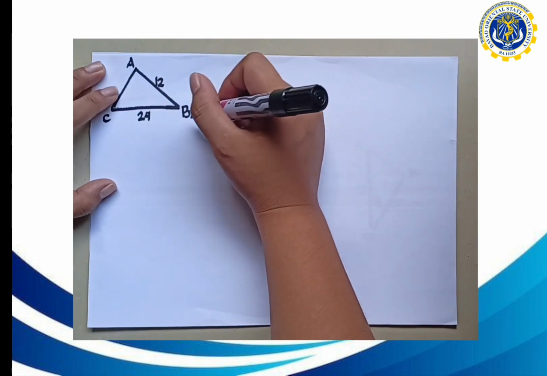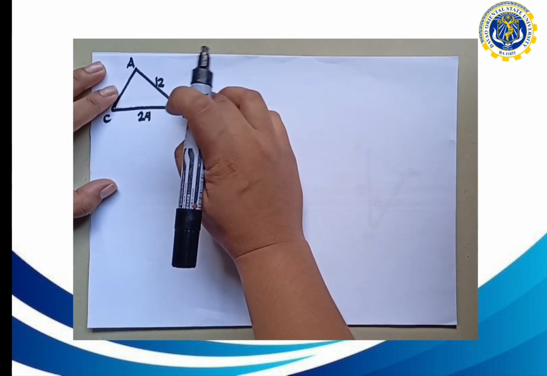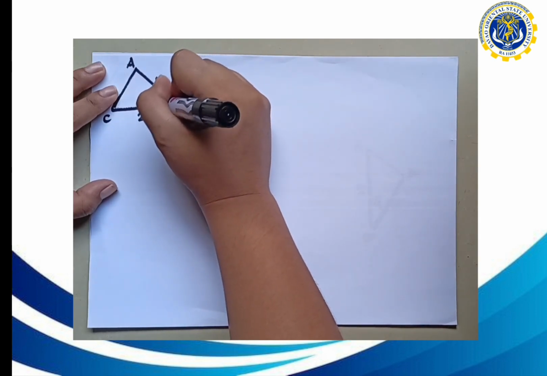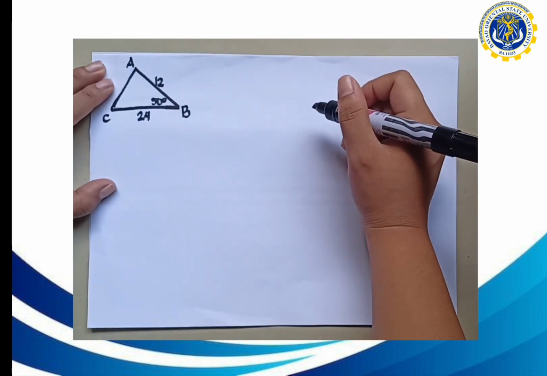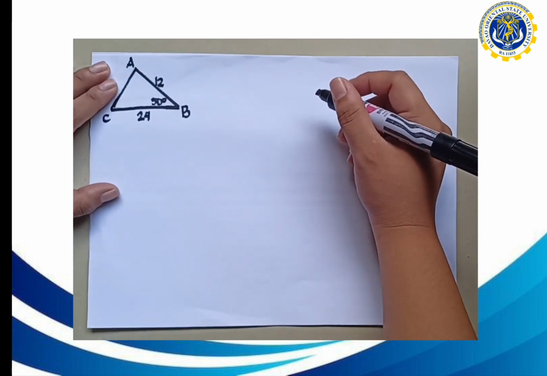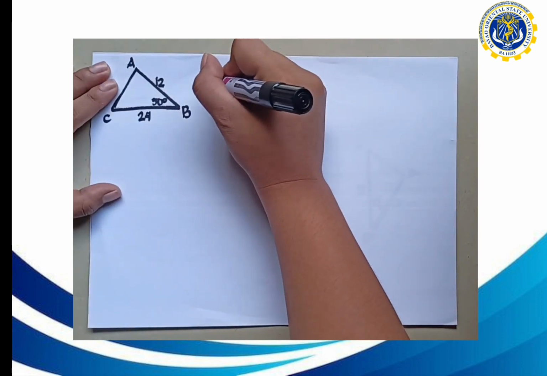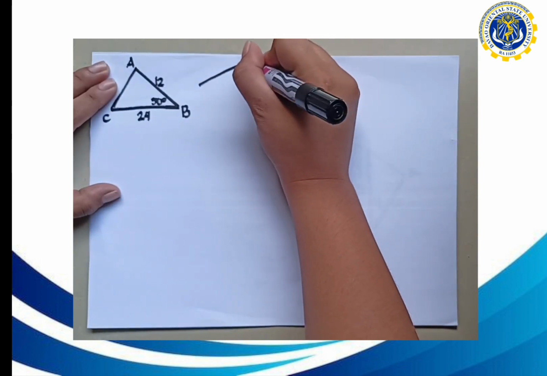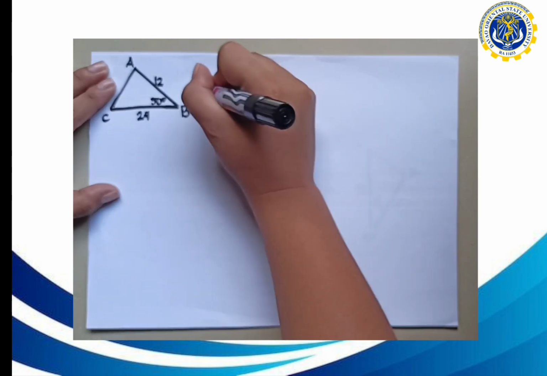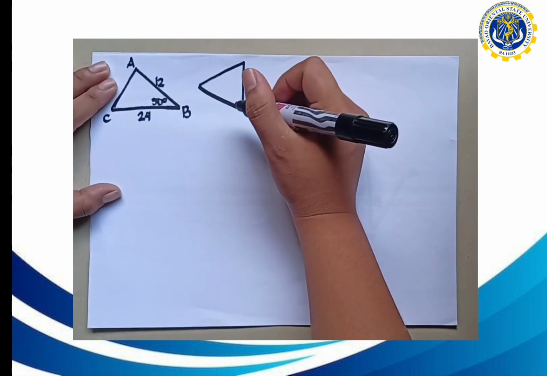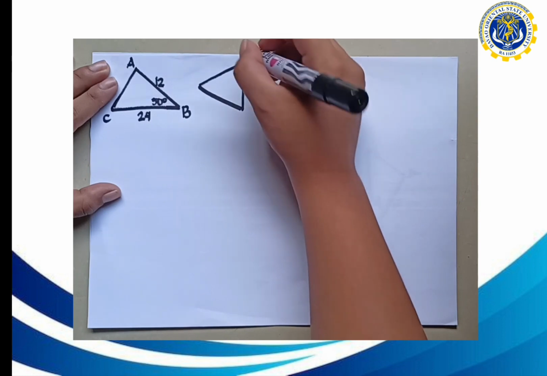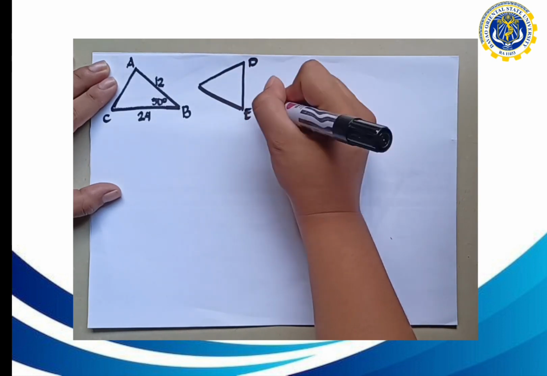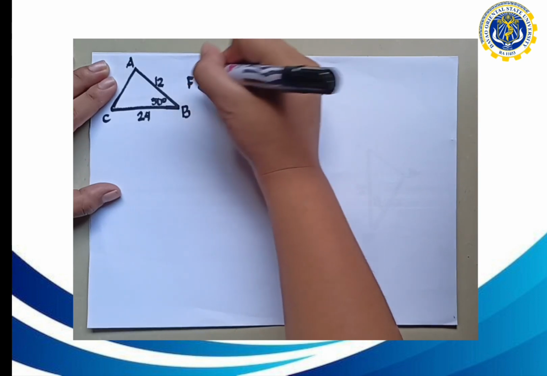And we have the given value of angle B, which is 50 degrees. And for the second triangle, we have D, E, and F.